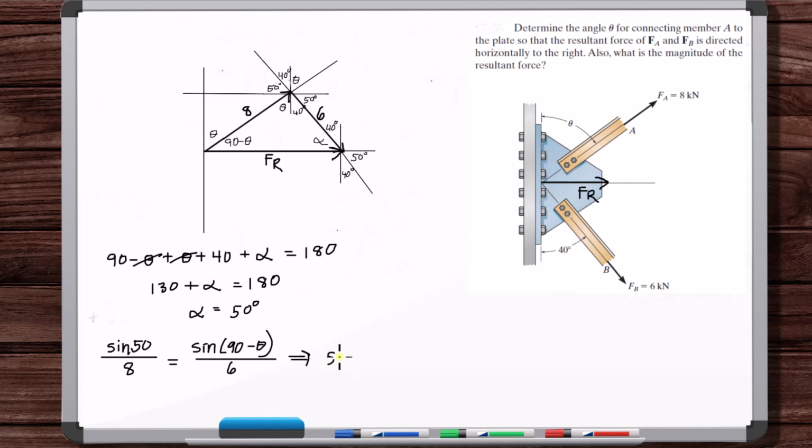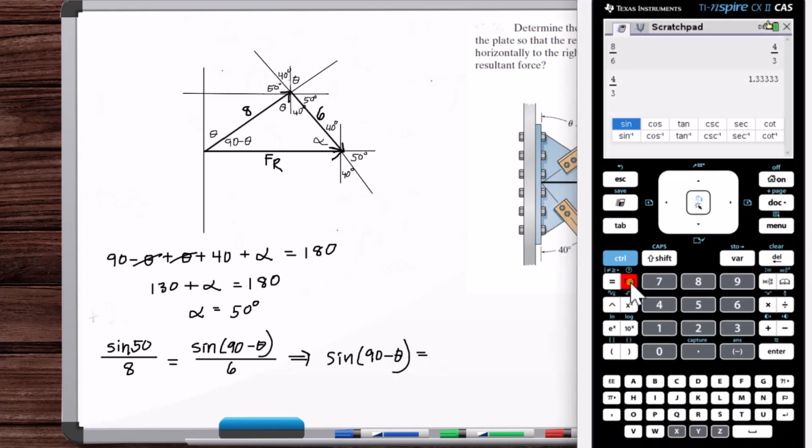So sine of 90 minus theta is equal to sine of 50 times 6 divided by 8, which is 0.574533.